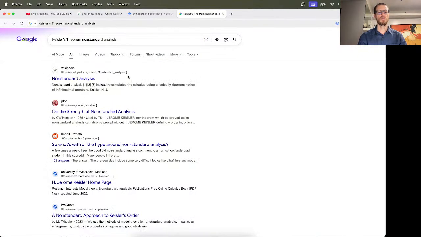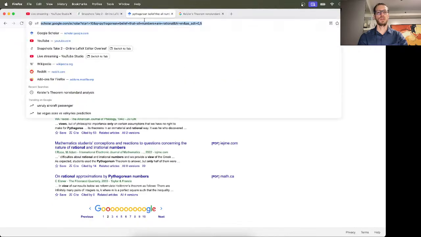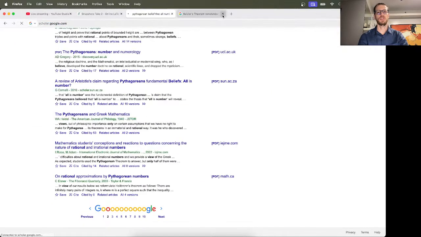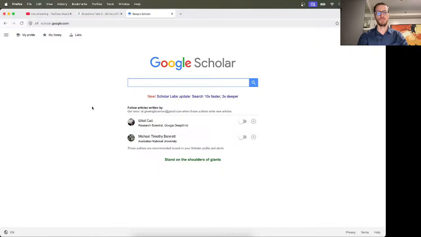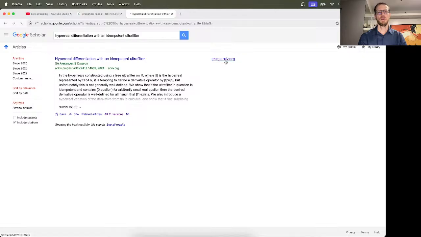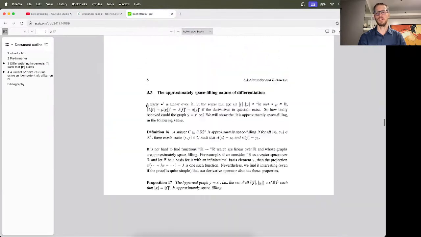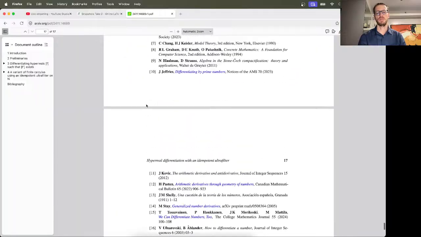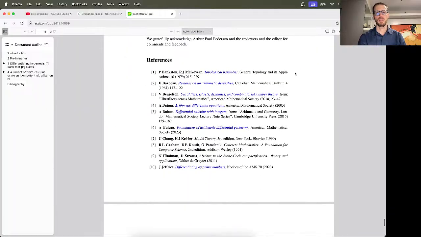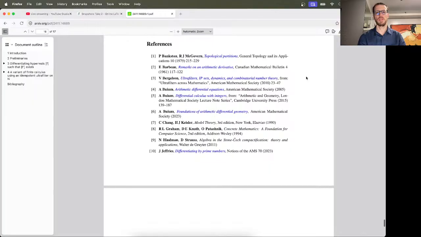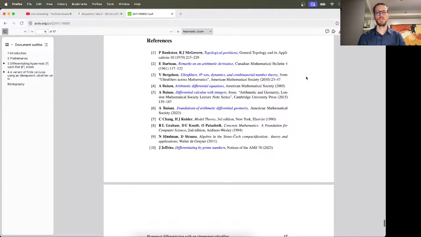It just occurred to me, perhaps one way to find items to add to the bibliography is we can go look at my paper, Hyperreal Differentiation with an Idempotent Ultrafilter. Maybe if I look in this paper's bibliography, that'll give me some inspiration. Topological partitions, irrelevant. Remarks on an arithmetic derivative, irrelevant.